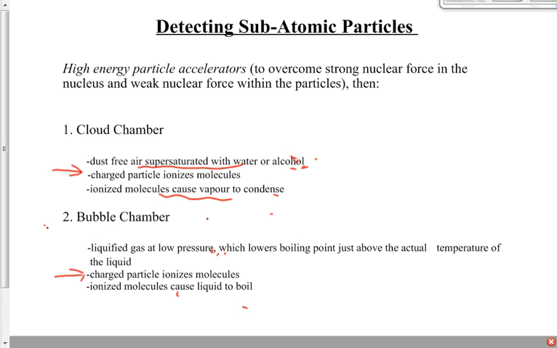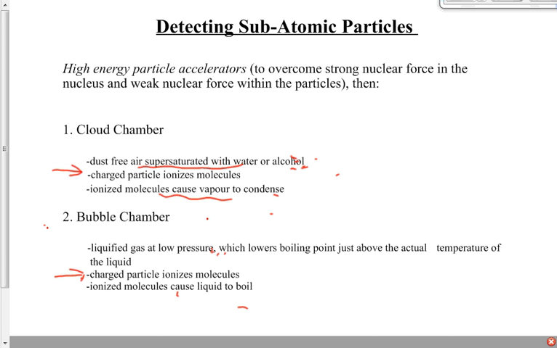So it's causing it to boil. Instead of following the cloud behind it, we're going to follow the bubbles behind it. When it boils, it causes bubbles. When it condenses, it causes clouds. In the first case, we can follow the clouds and observe some of the properties. In the second case, we can follow the bubbles and observe some of the properties.